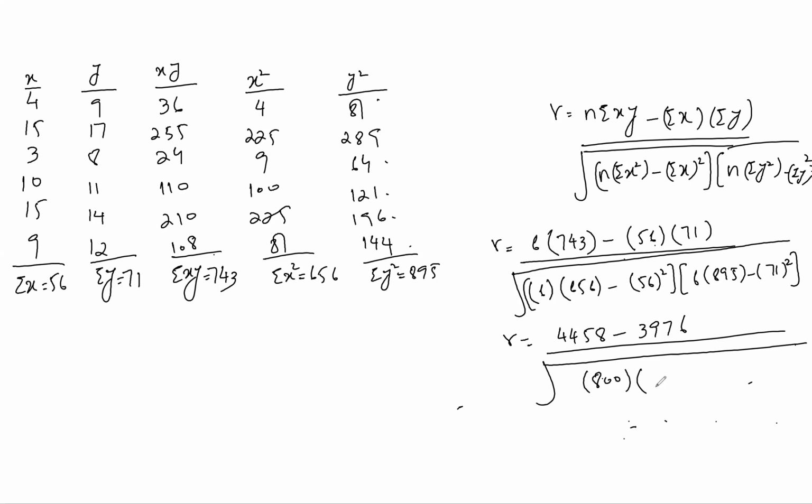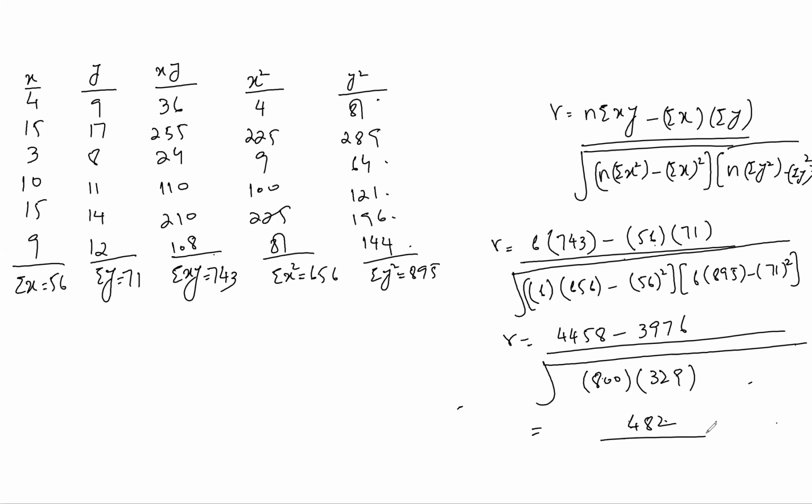This one is 800, and similarly 6 times 895 minus 71 square, the answer is 329. So 4458 minus 3976, which is 482, over 800 times 329, which equals 263,000.